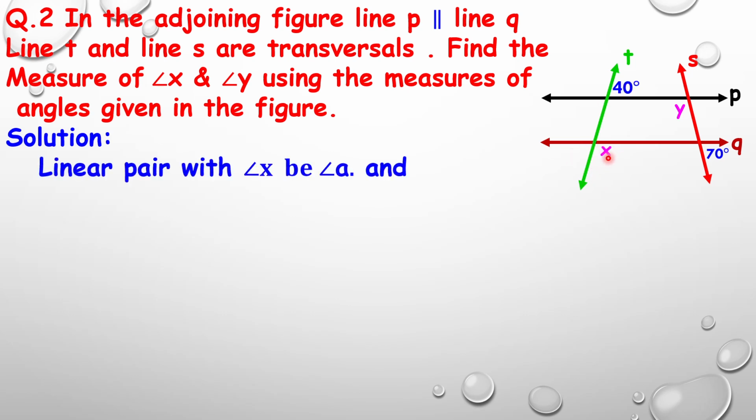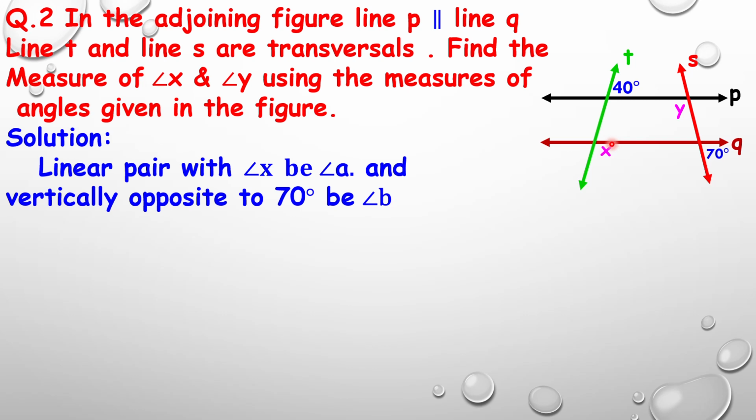So linear pair with angle X, we have taken here angle A, and vertically opposite to 70 degrees is B. Here on the transversal, angle A is a linear pair with angle X, and angle B is vertically opposite to 70 degrees.